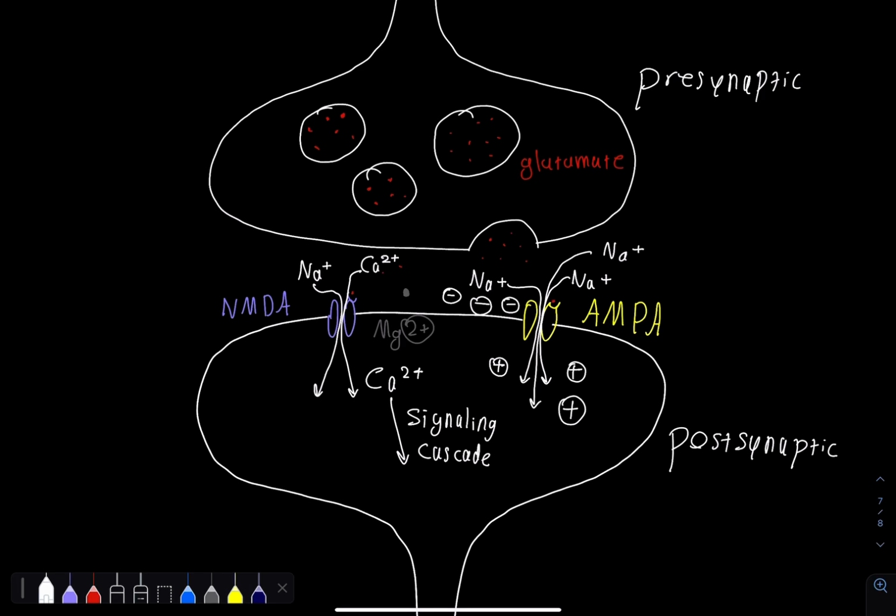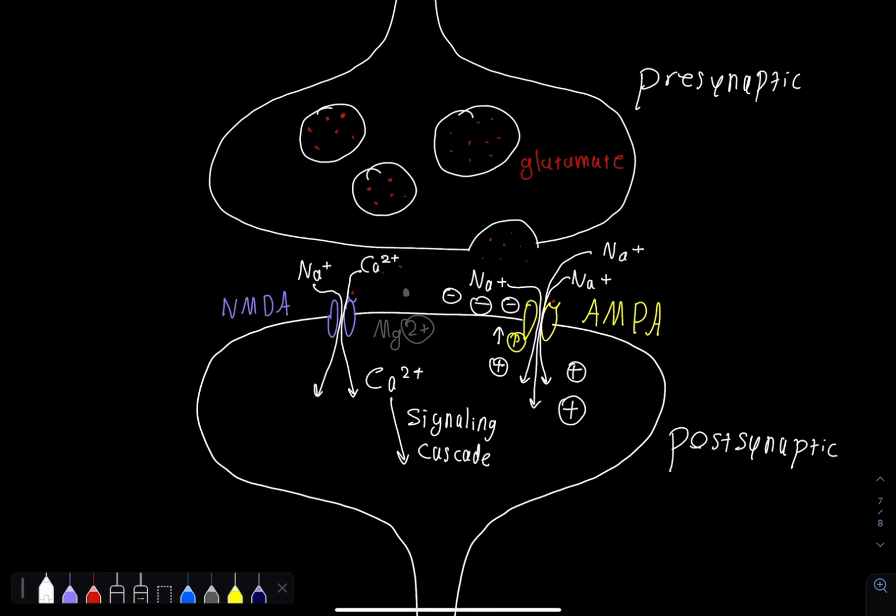The outcome of that gene expression is going to be that the cell is going to come in and phosphorylate some of the AMPA receptors that it has. And when you phosphorylate an AMPA receptor, you basically increase the amount of sodium that it can let in.